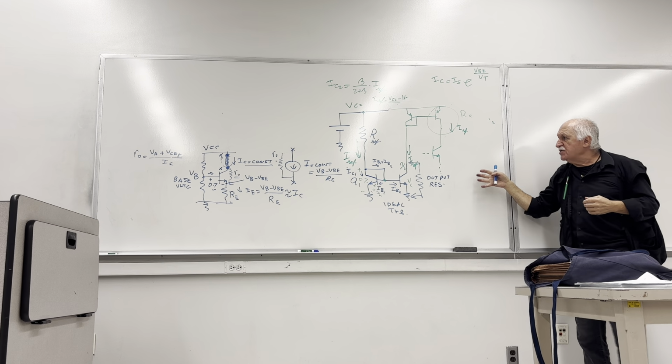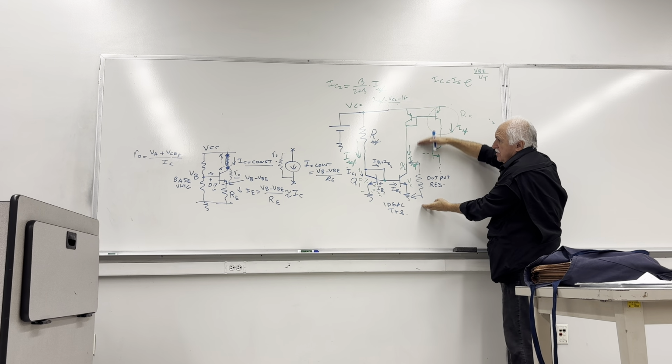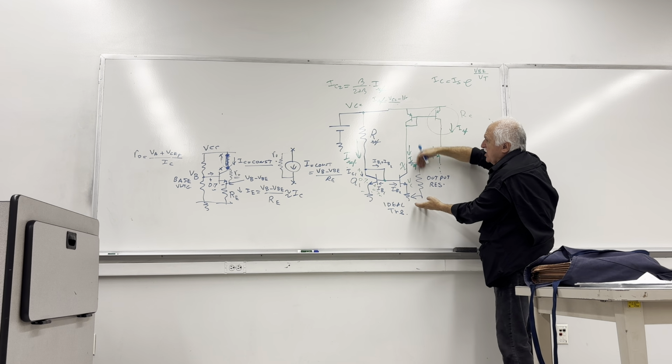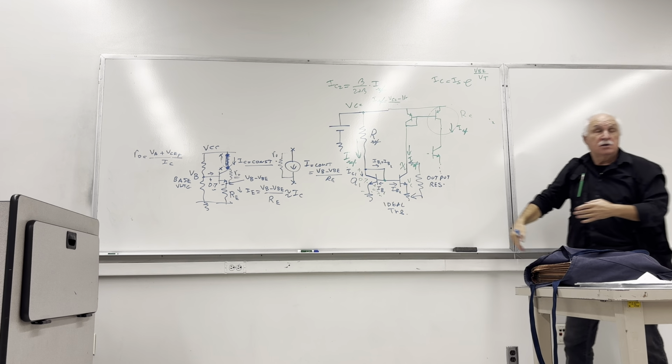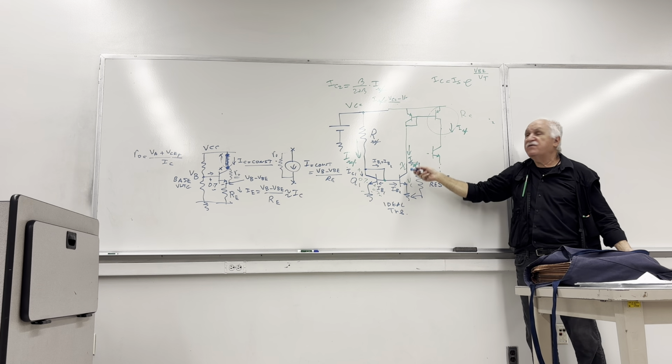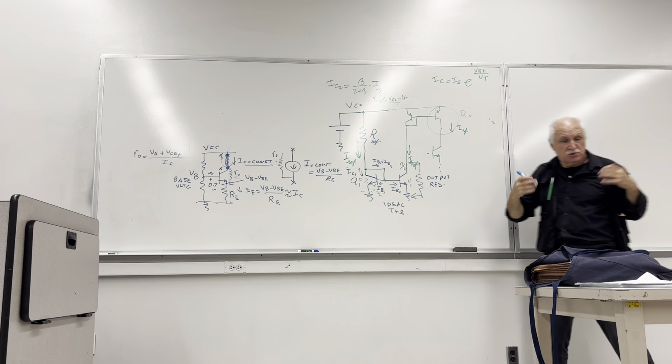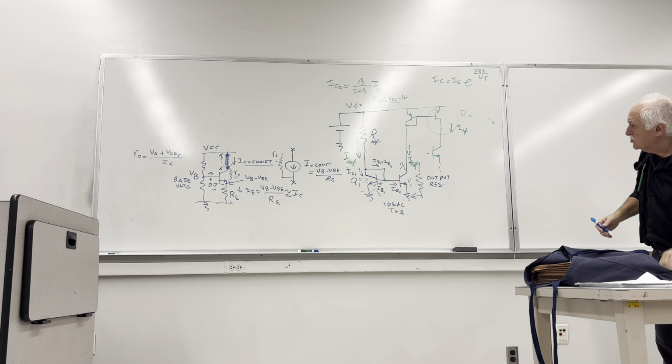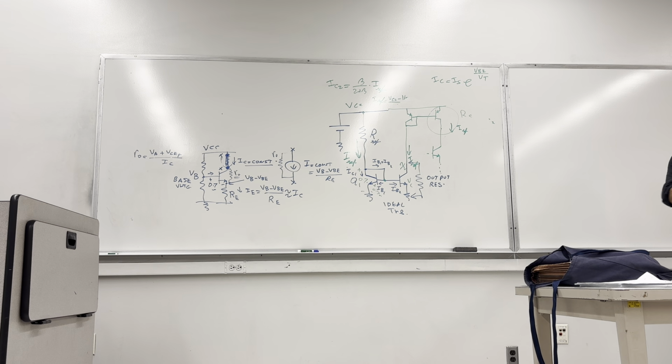Now, the dynamic resistance. What is the dynamic resistance? If I make a change in the collector-emitter voltage, how much change will there be in the collector current, the one you think is permanently fixed to IREF? So it's not ideal. The model at the bottom shows it.